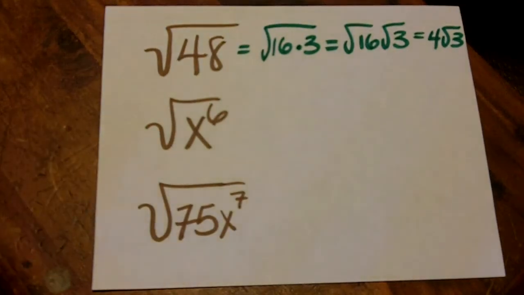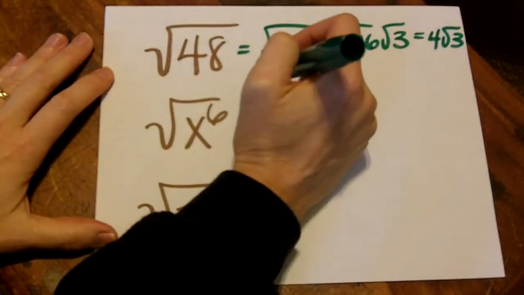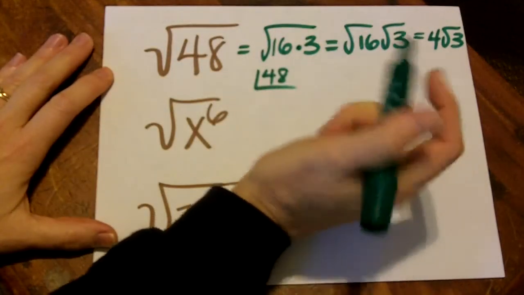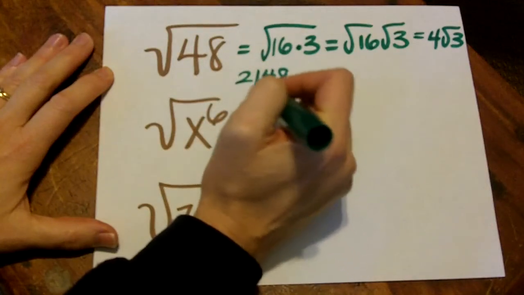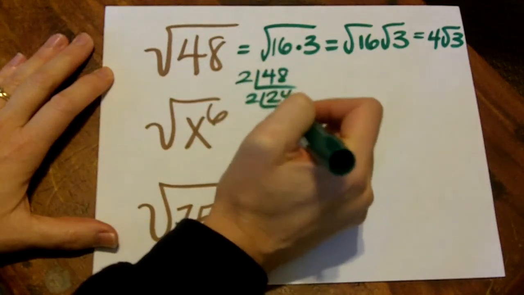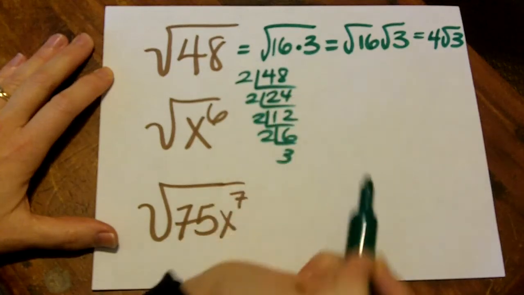Now, if you could not think of factors of 48 easily, you could prime factor it by just going, okay, well, that's 24, and 2 times 12, and 2 times 6, and 2 times 3.